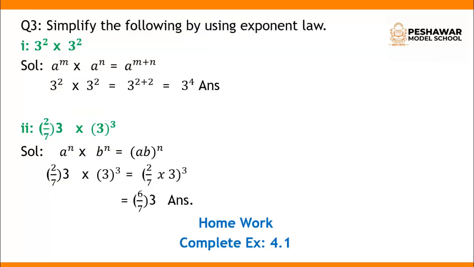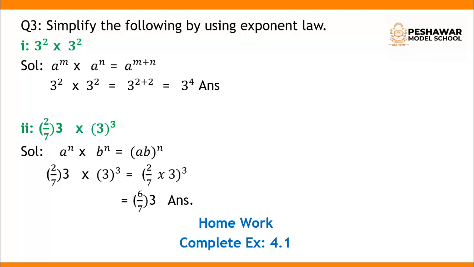Now come to question number 3. Simplify the following by using exponent law. Now you have to see which law you have to apply here. Either it should be solved with product law, or quotient law, or some other law. Now check this. The first part is 3 power 2 multiplied by 3 power 2. It means there is a sign of multiplication, and the bases are same, so we have to add their powers.